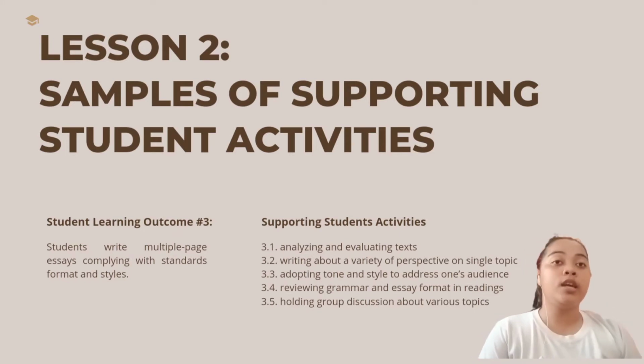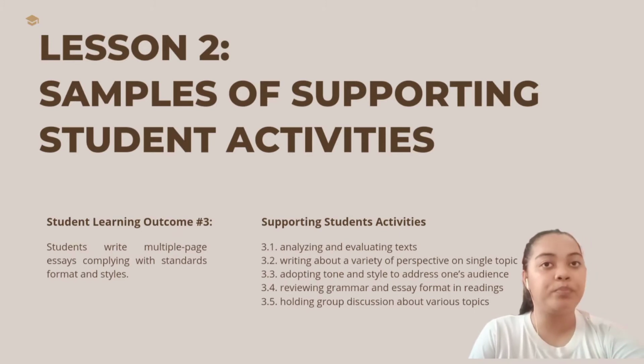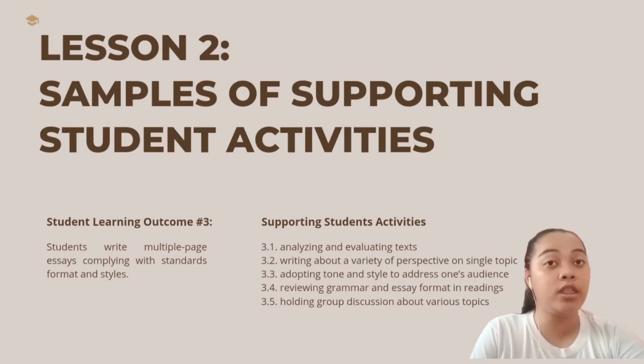So, supporting students' activities 3.1, analyzing and evaluating text. 3.2, writing about a variety of perspectives on a single topic. 3.3, adapting tone and styles to address one's audience. 3.4, reviewing grammar and essay format and readings. And lastly, 3.5, holding group discussion about various topics.